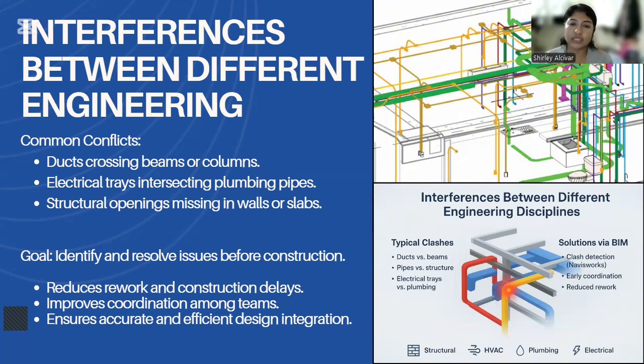The main goal is to identify and solve these conflicts before construction begins by using BIM tools like Navisworks or others. We can detect clashes early, reduce rework and construction delays, and improve coordination among teams. This process ensures a more accurate and efficient design integration for the entire project.